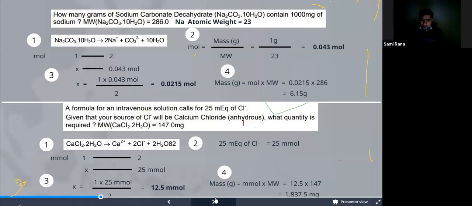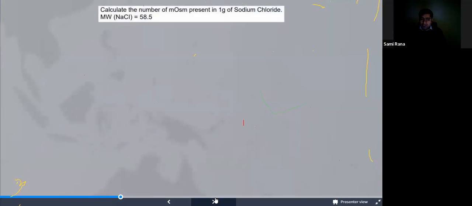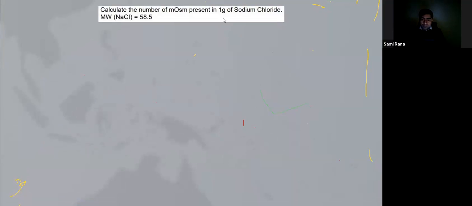So with this, I will move forward to the milliosmol thing. Now with the milliosmol, there is one other difference from the moles and milli equivalents. We know about osmolarity, right? We say, okay, this is the same osmolarity as blood or not, or these kinds of things.